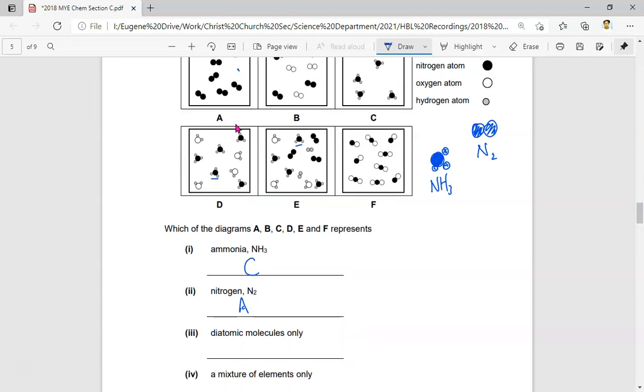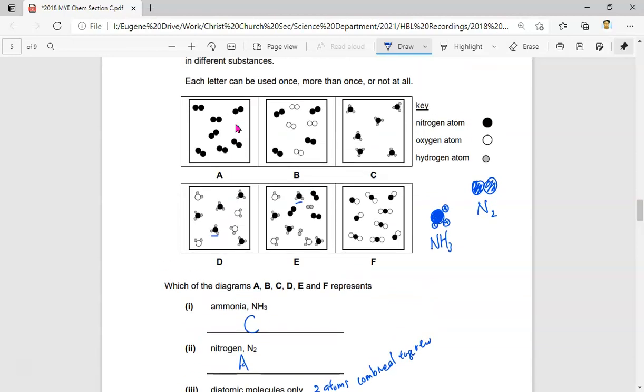Next one. Which one consists of diatomic molecules only? What is diatomic? Means 2 atoms combined together. So this one, can you see, is 2 atoms combined together. So this is a diatomic. So this one, yes, diatomic.